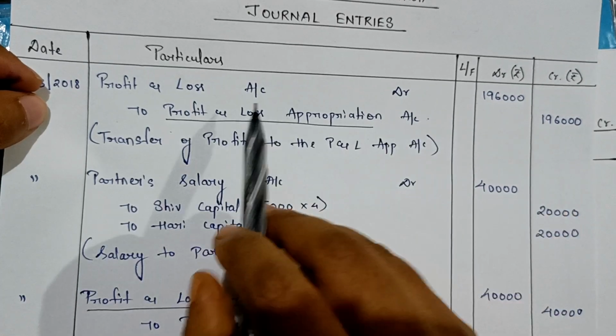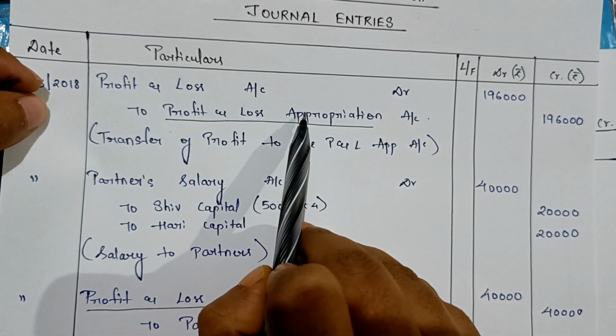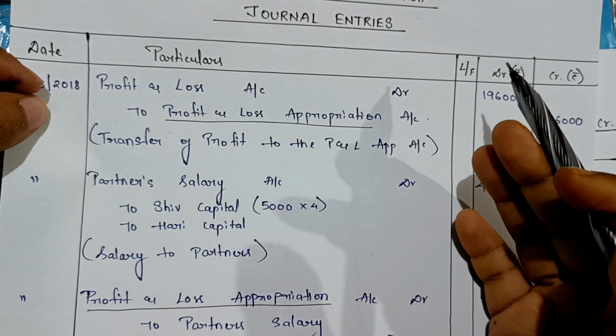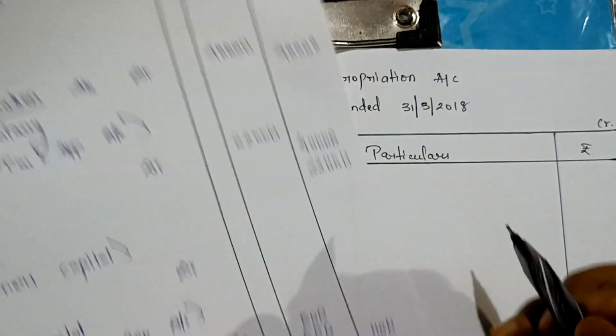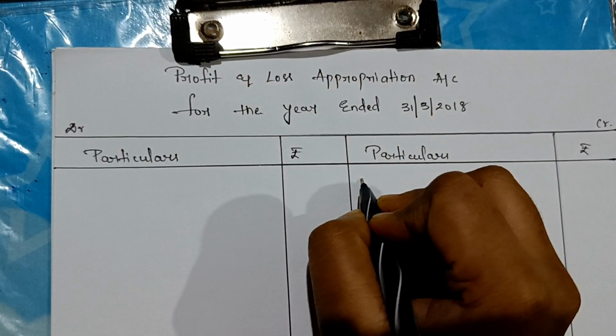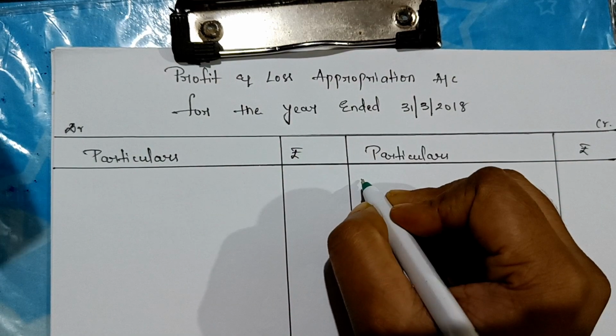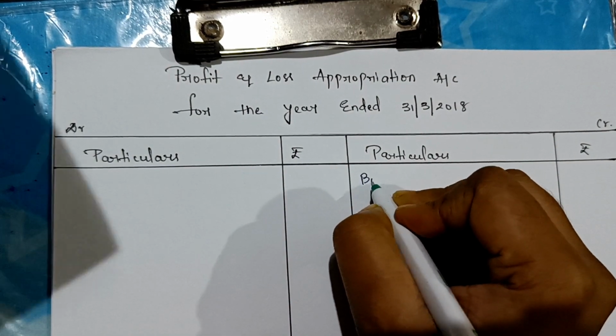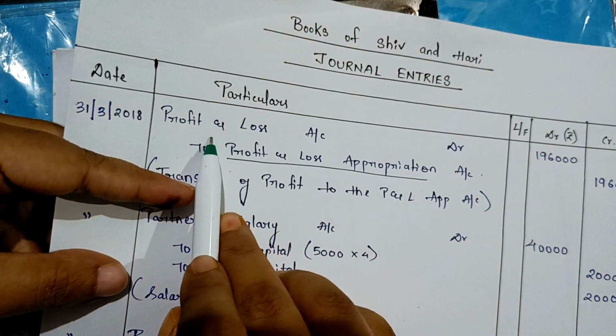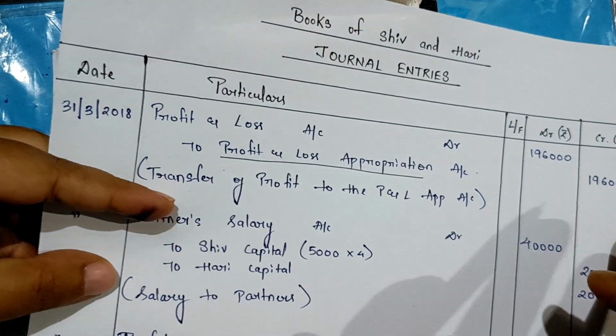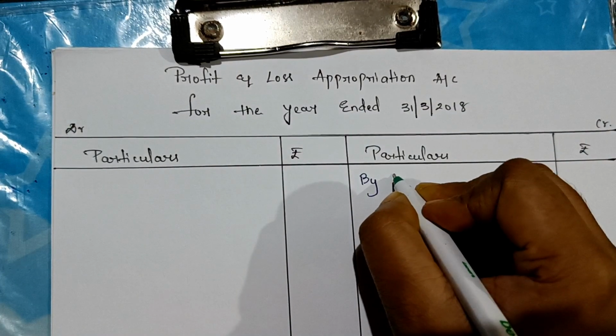This one is credit, right? So here profit and loss appropriation is already mentioned, so we are going to post it to the By side, that is the profit and loss appropriation credit side. So now By, here we have written profit and loss account, so we are going to write here also profit and loss account.